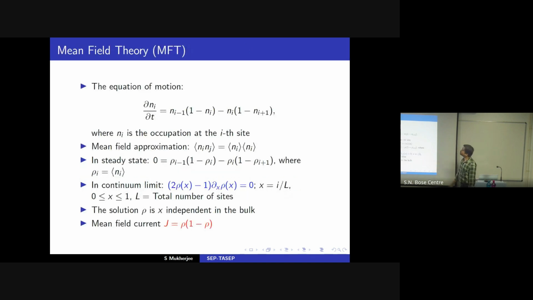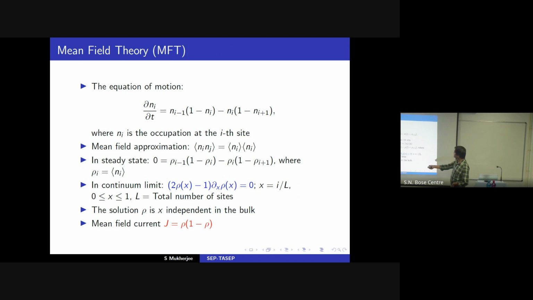Here is the equation of motion of the TASEP model, where N_i is the occupancy at any site i. Now using the mean field approximation, if we replace N_i by its average rho_i, then the steady state equation of motion becomes rho_i minus 1 times (1 minus rho_i) minus rho_i times (1 minus rho_i plus 1) equal to 0. Here the mean field approximation ignores all kinds of fluctuations.